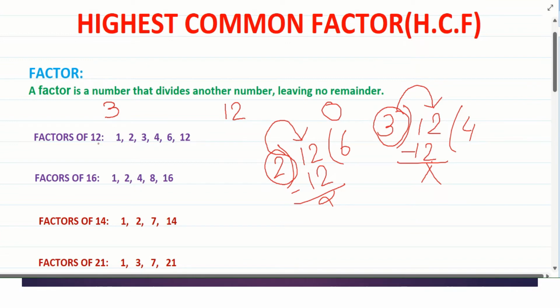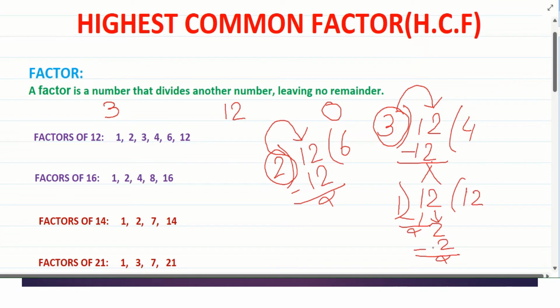When 1 divides 12, what is the remainder? We know 1 ones are 1 and 2 will get down, 1 twos are 2.